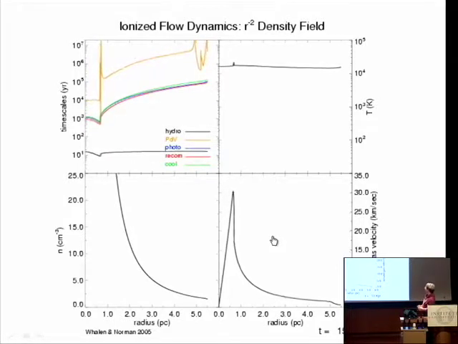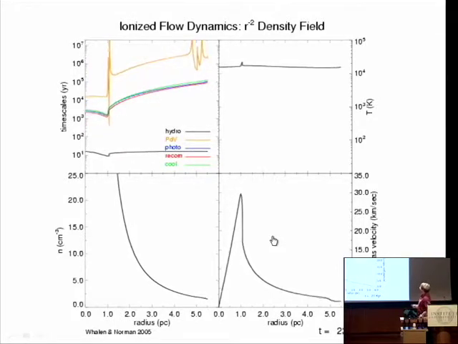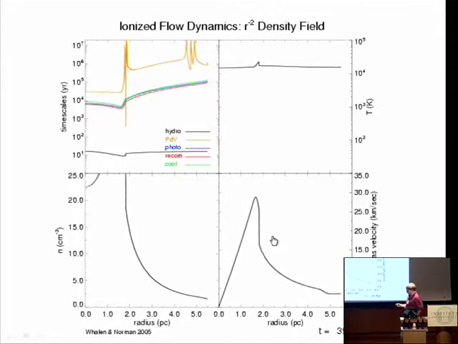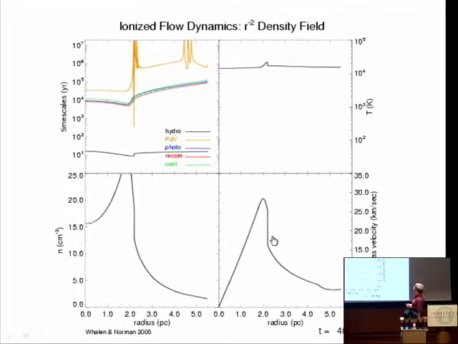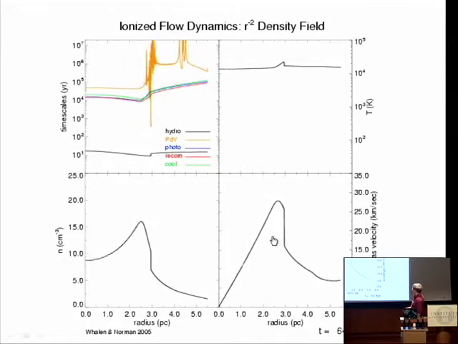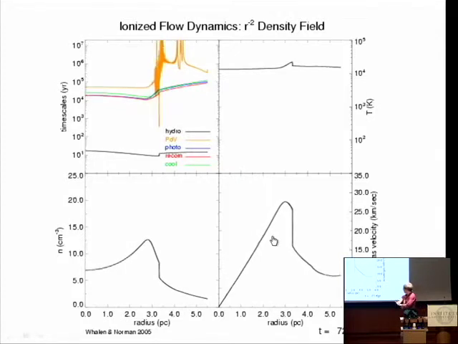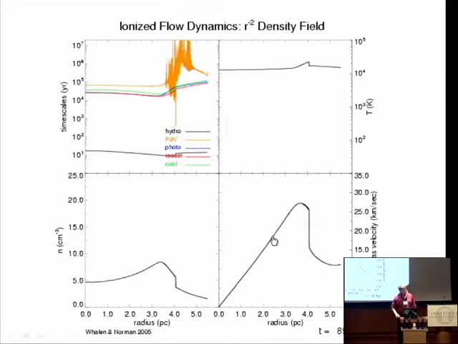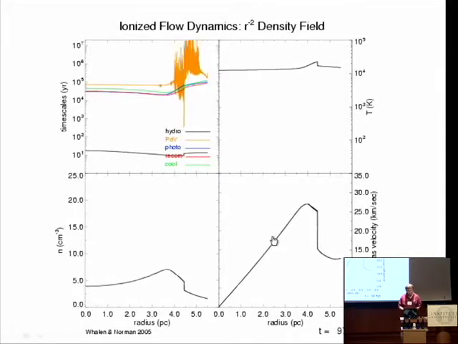Okay, so that's what I mean by flash ionization. And thereafter, you just have, again, the hydrodynamic expansion. Here is the core shock that I mentioned. Here's the density. The density is going down as the halo is just whooshing out to equalize its pressure with the environment.